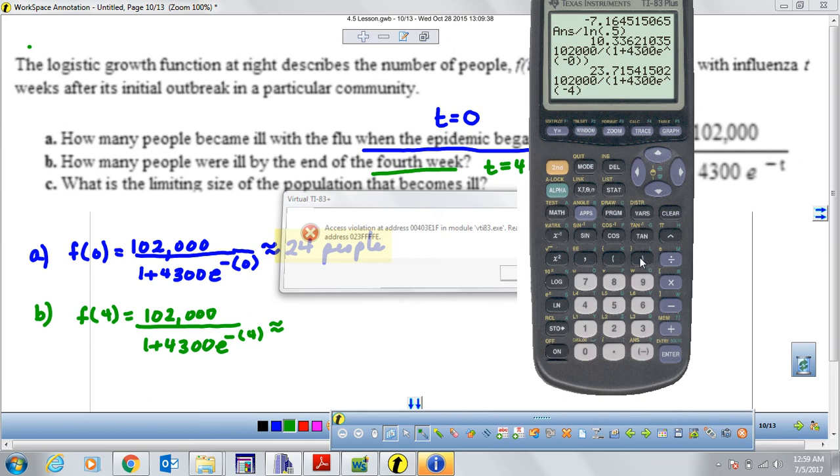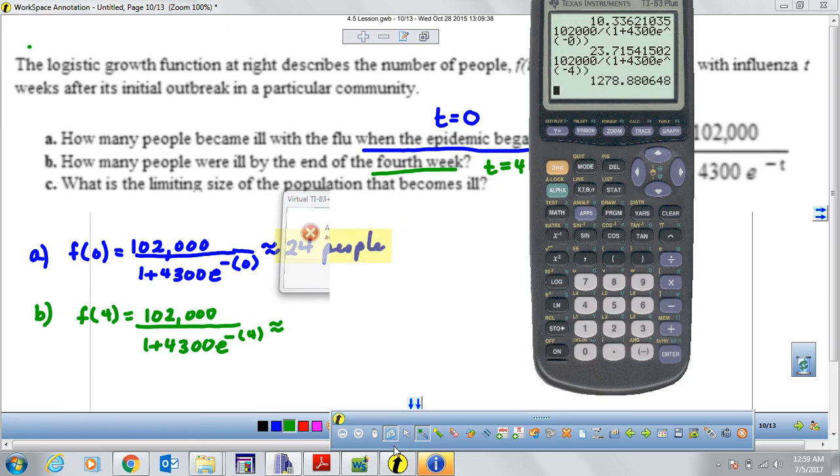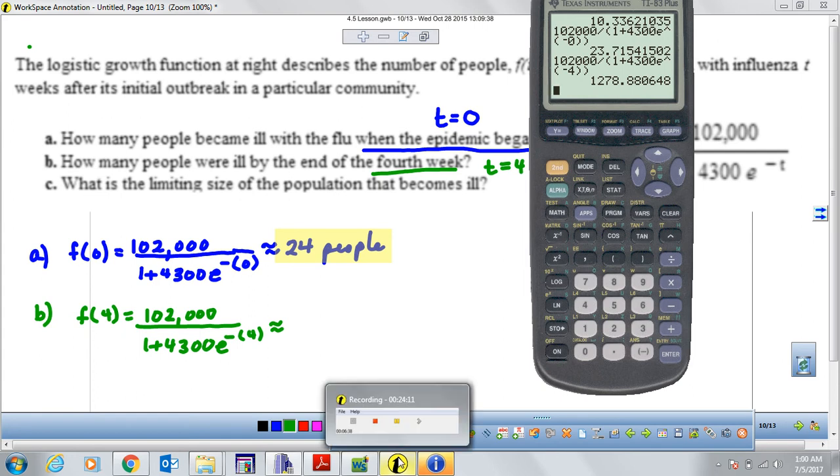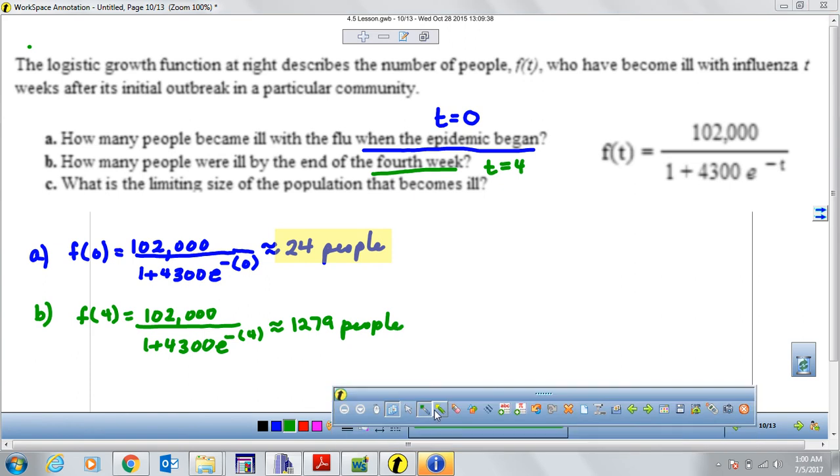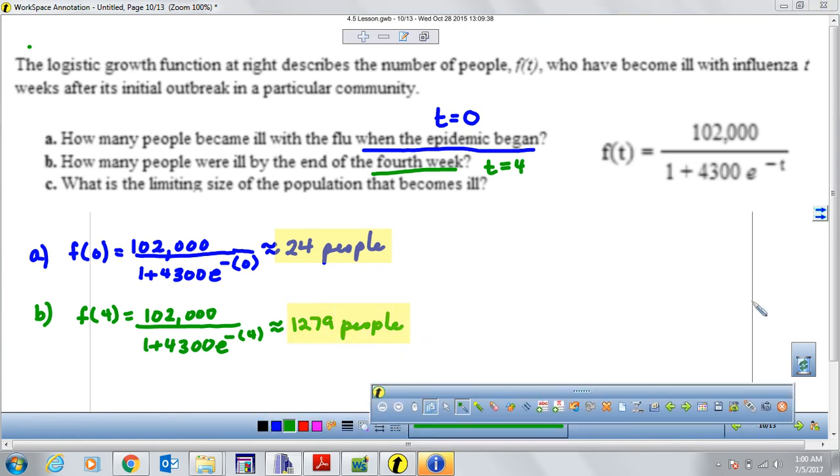Close the parentheses, and we get 1,278.88, which we're going to round to 1,279 people. So that means that after 4 weeks, there were 1,279 people ill with influenza in this community.